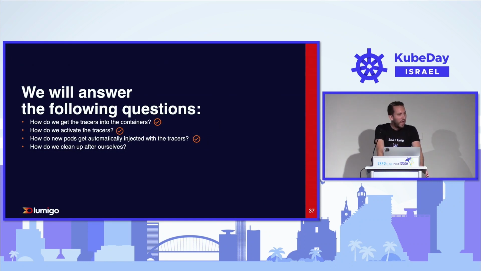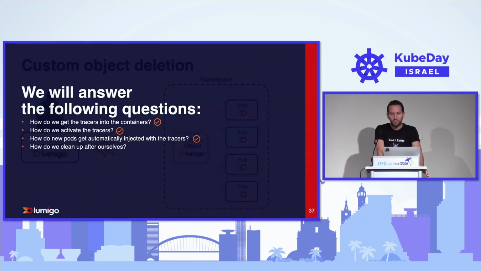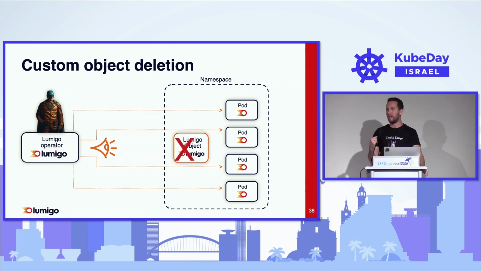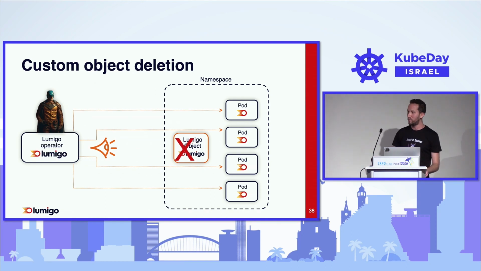Now, how do we clean up after ourselves? We use a Kube API watch. Here we elected for a non-blocking operation. Our operator sets up a watch on the namespace where the Lumigo object is set up. And basically what we do here is once the Lumigo object gets deleted, we get a notification.